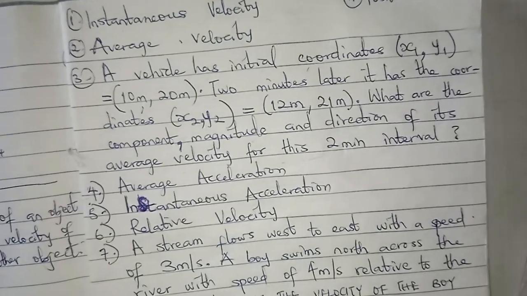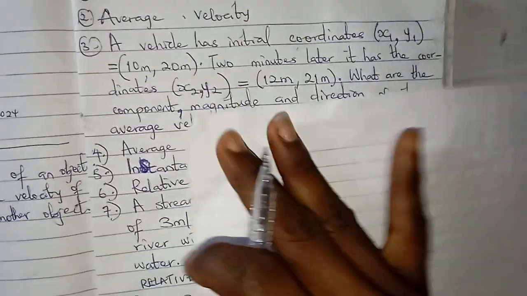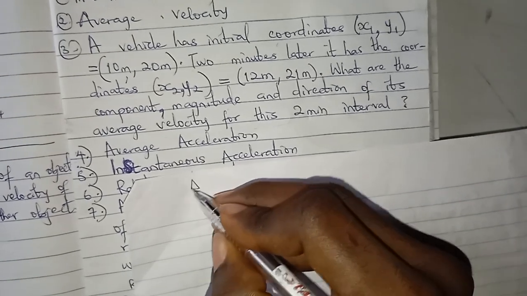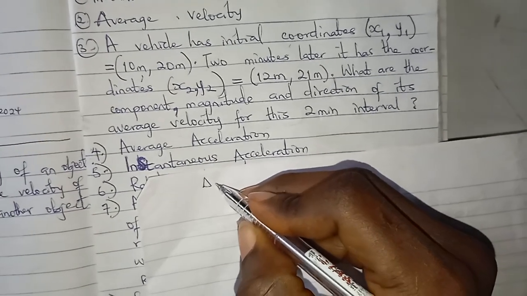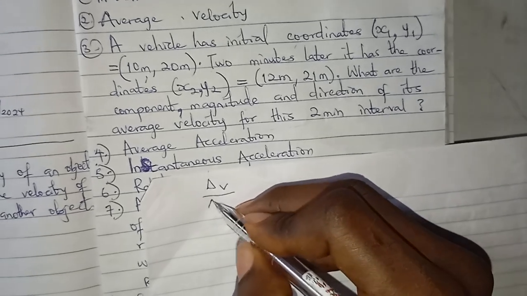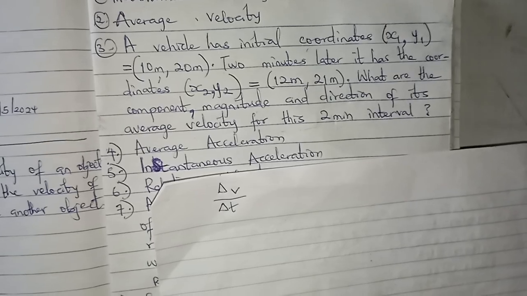So that is what average acceleration is. The ratio of change in the instantaneous velocity over a period of time.